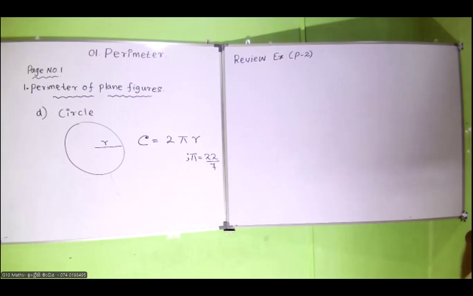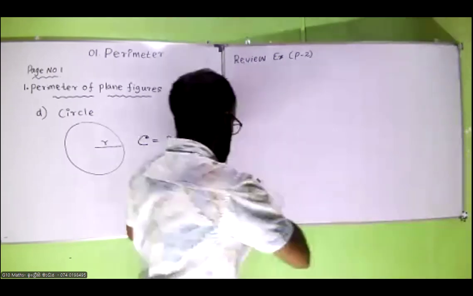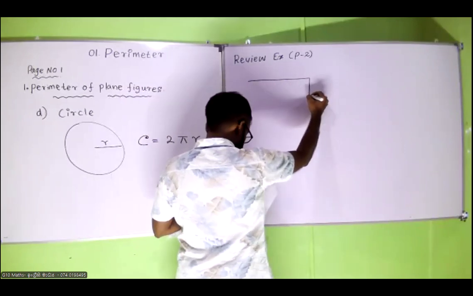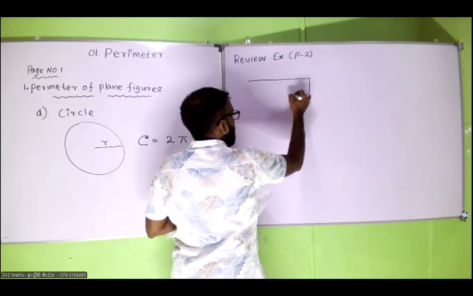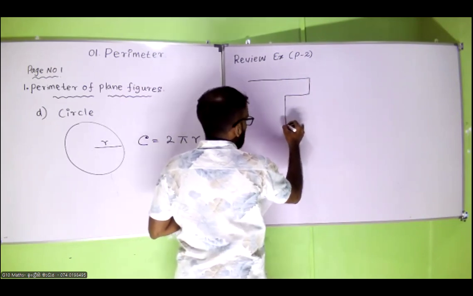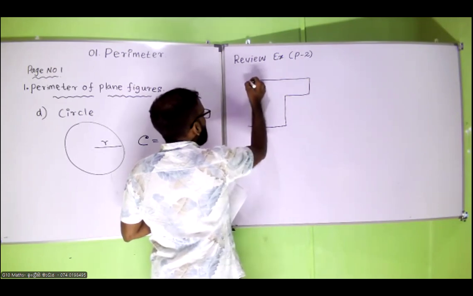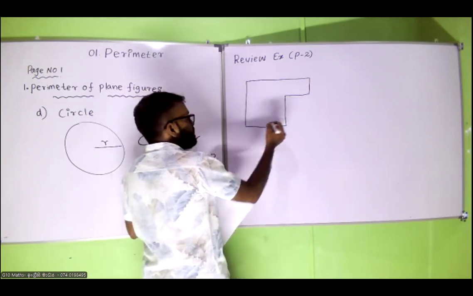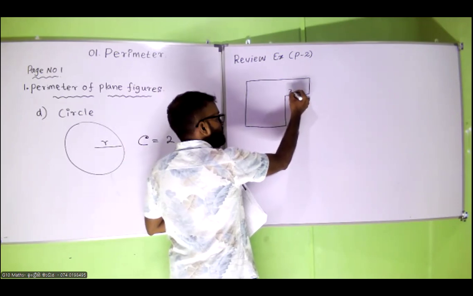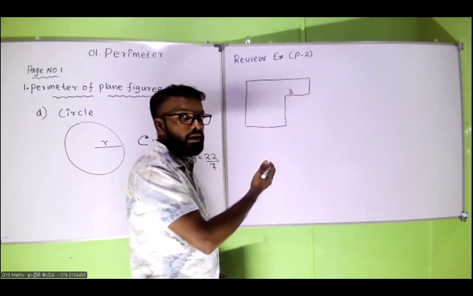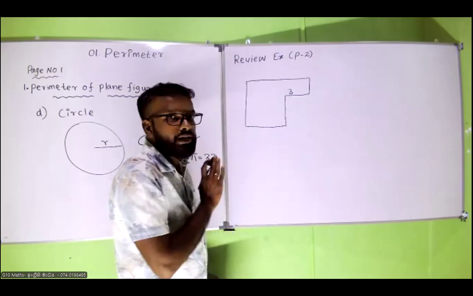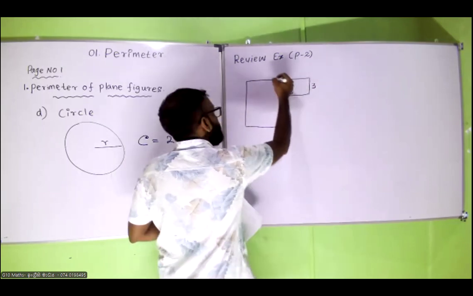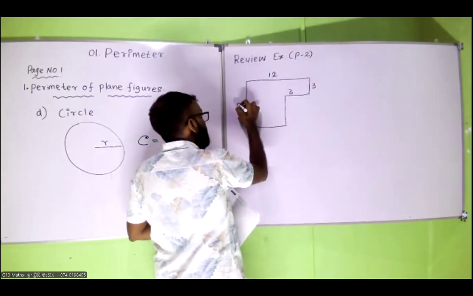It is something like this figure. This length has been given as 3 centimeters. The unit is centimeters, so I am not going to write centimeters everywhere. This is 3, this is 12, and this is 8.